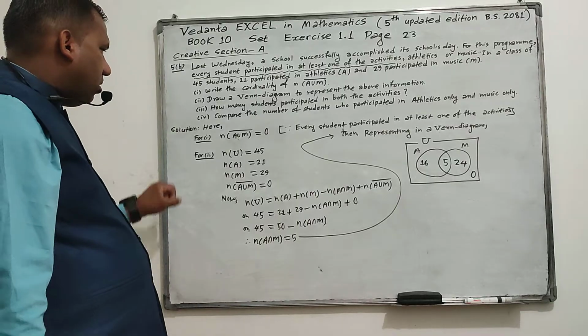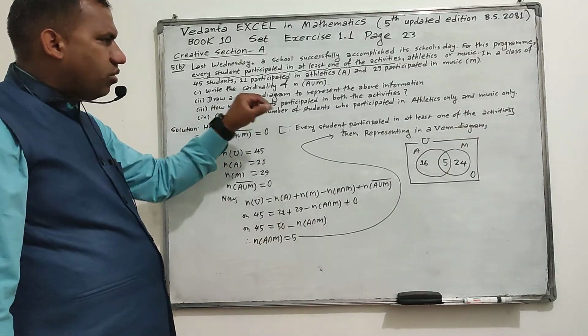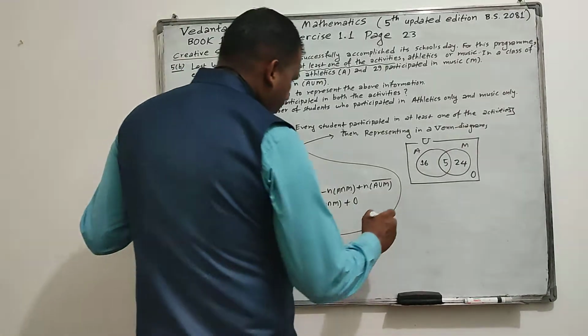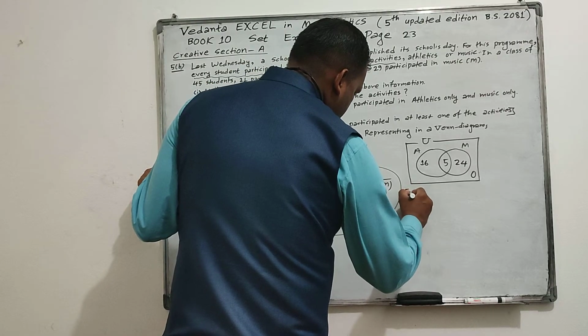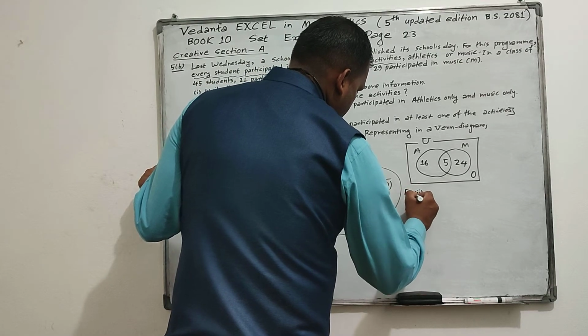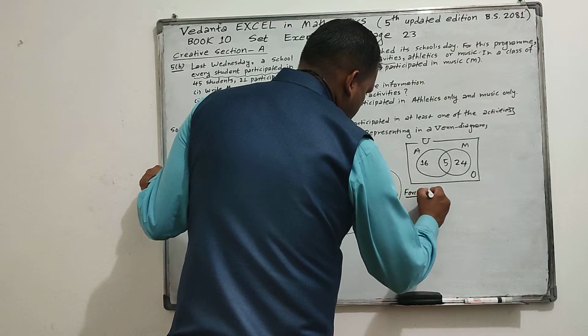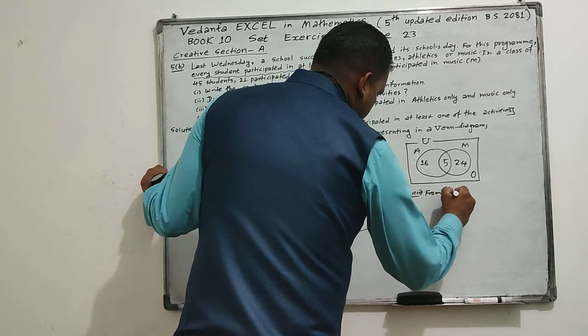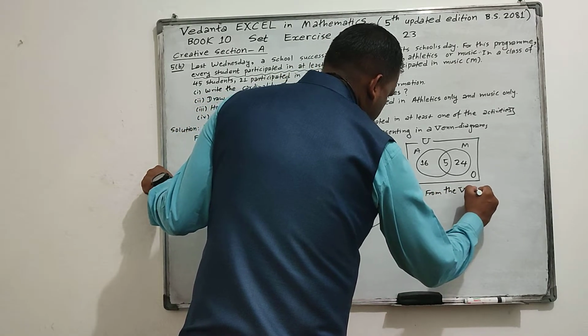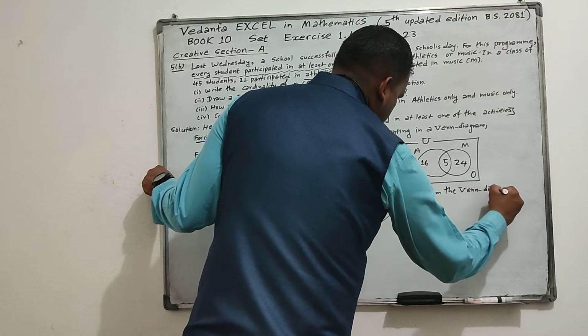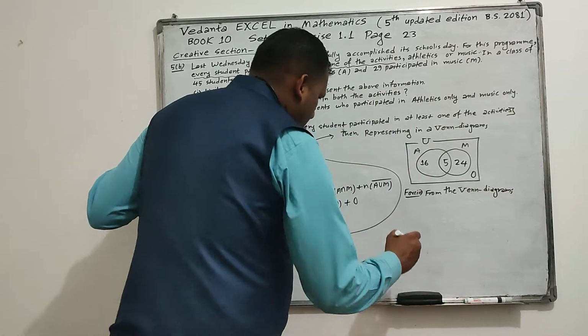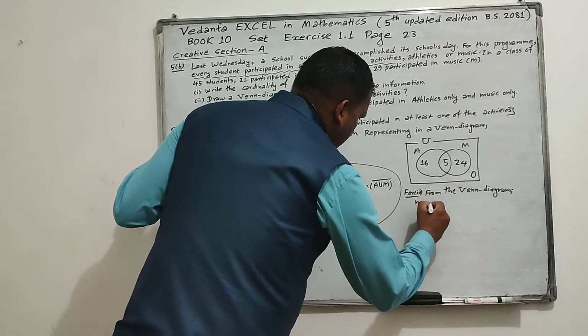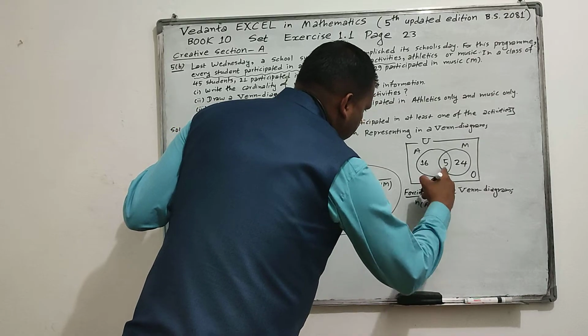Then for 3, how many students participate in both the activities? From the Venn diagram, the number of A intersection M equals 5.